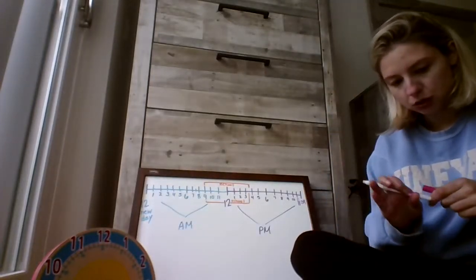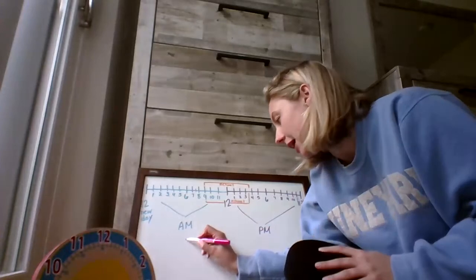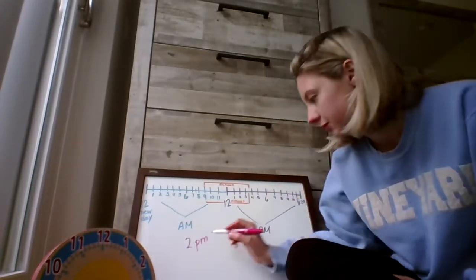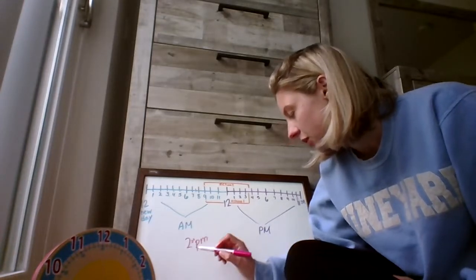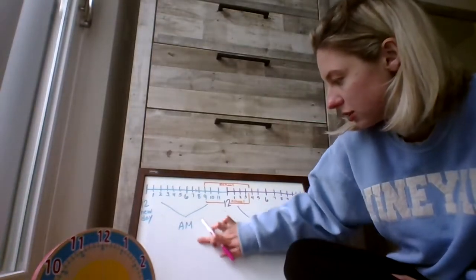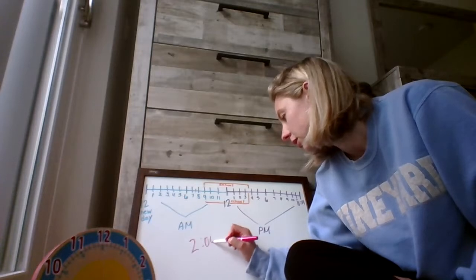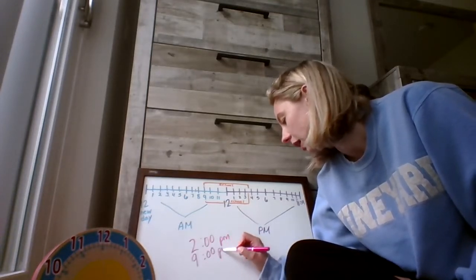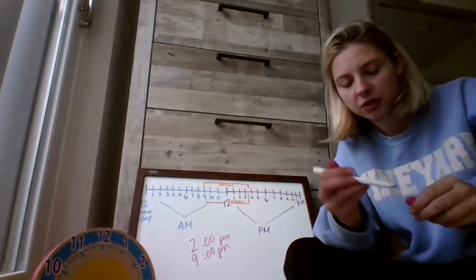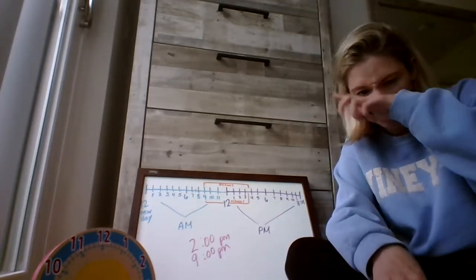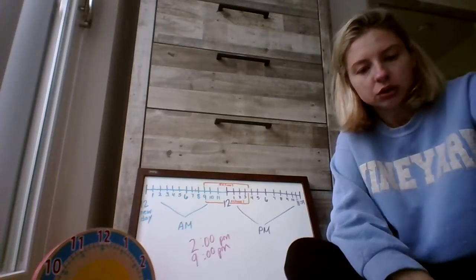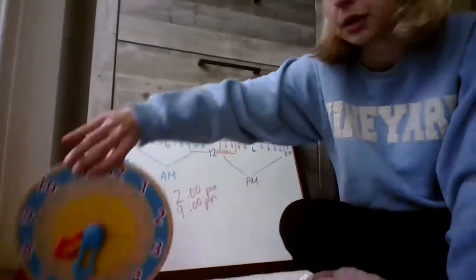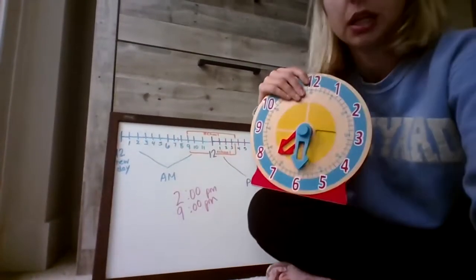Okay, so Tony goes bowling Saturday at 2 p.m. And let me write this a little bigger. He comes home at 9 o'clock p.m. So we know p.m. is in the purple, but it's after midday. Actually, let's use our clock first, and then we'll look at our number line.